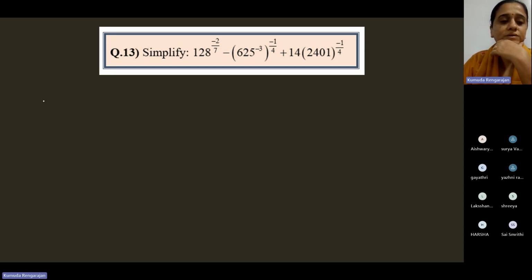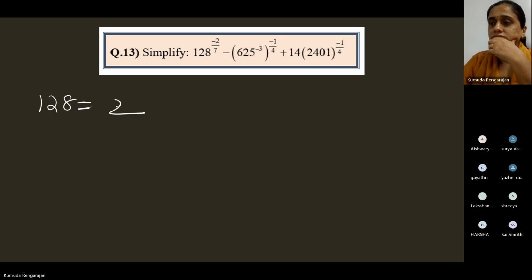What's 128 in base 2? 128 is equal to 2 raised to the power 7. Correct. 2 to the power 6 is 64, 2 to the power 7 is 128.